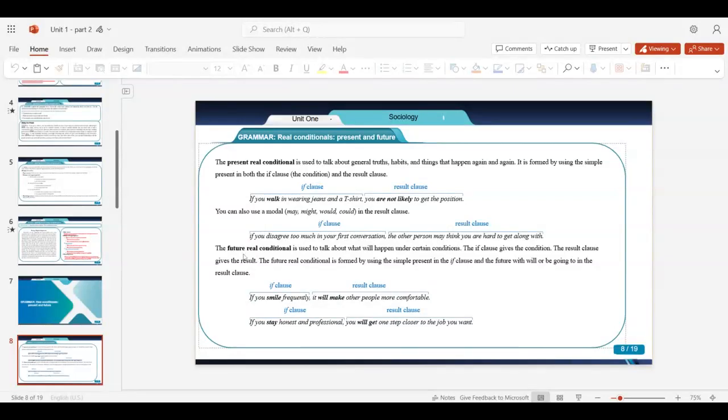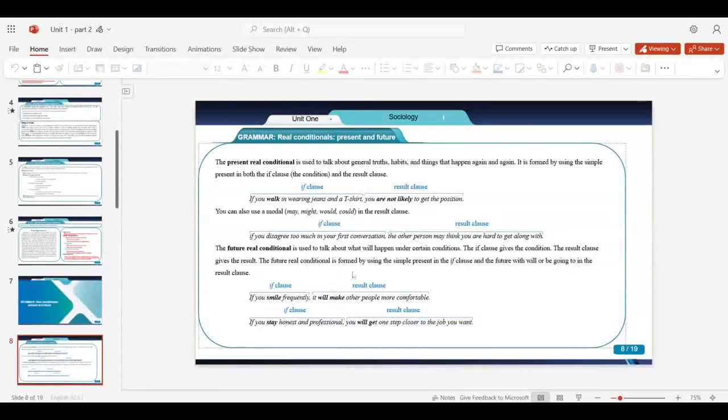Now the future real conditional. The if clause gives the condition, the result clause gives the result. The future real is formed by using the simple present in the if clause and the future with will or be going to in the result clause.